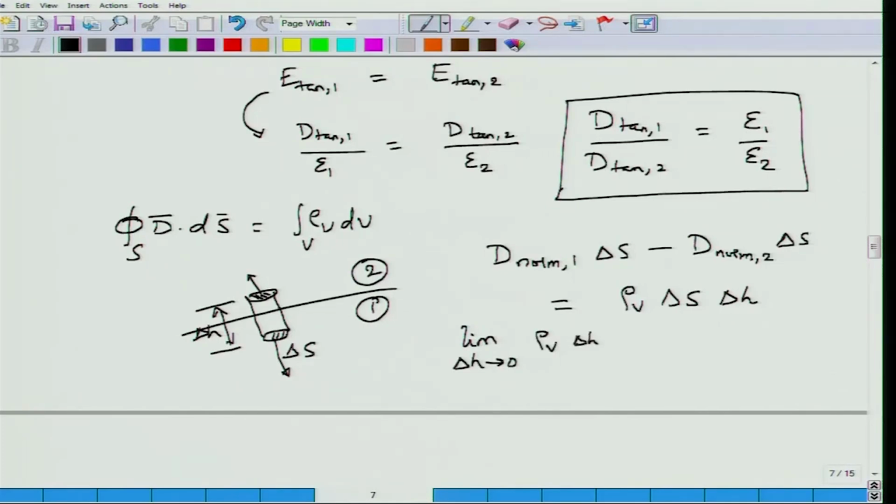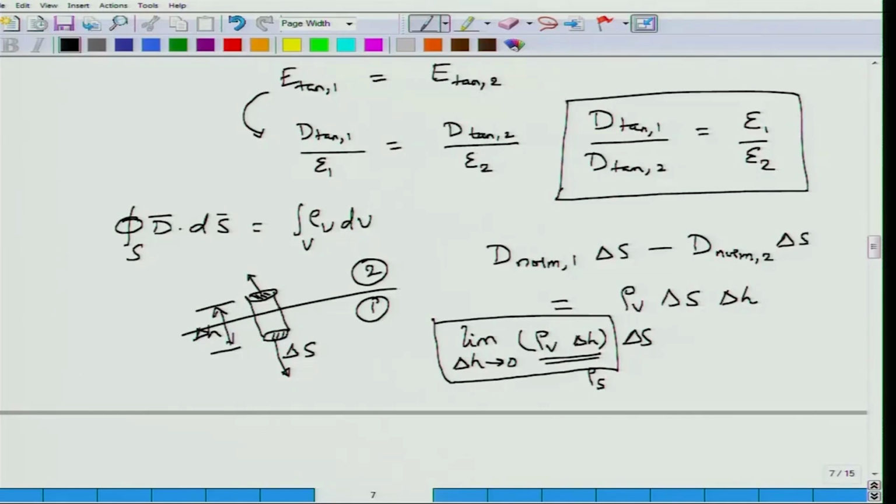Rho v into delta H into delta S. Delta S is not going to 0, only the height of the box is shrinking. As delta H goes to 0, the volume charge density must go to infinity. When you multiply a large quantity by a small quantity, you end up with a finite quantity, and that is nothing but rho s. The surface charge density rho s is the limit of rho v as the box height shrinks.